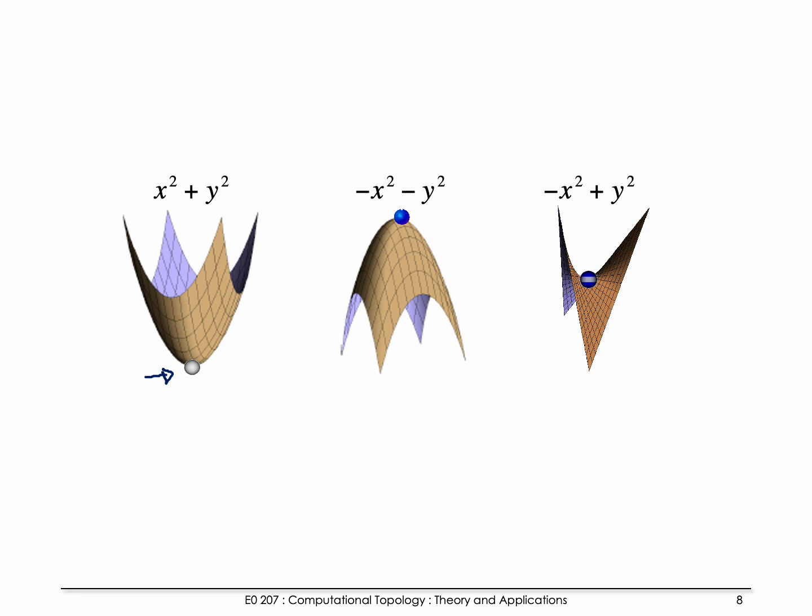As an exercise, try to convince yourself that the origin, that is (0, 0), is a critical point for all three functions, and try to classify what type of criticality the origin is for these three functions. So try that as an exercise. Maybe you can pause and try that.